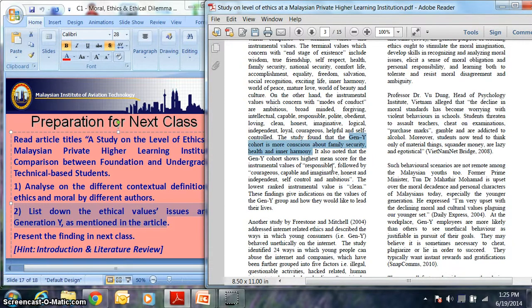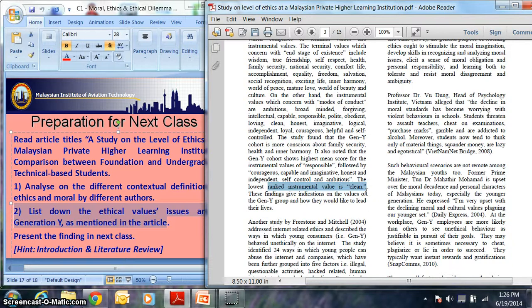The Gen Y cohort shows the highest mean score for responsible, followed by courage, capable, imaginative, honest, independent, self-control, and ambitious. And then the lowest ranked instrumental value for Gen Y is clean.